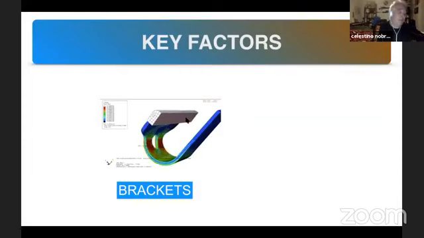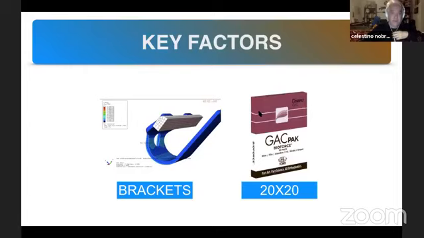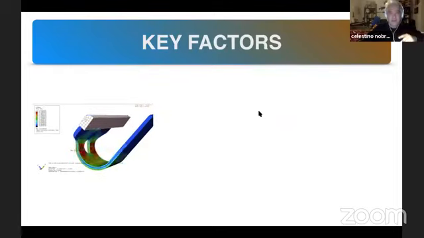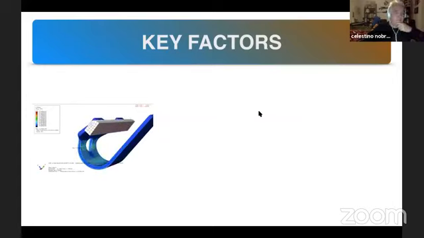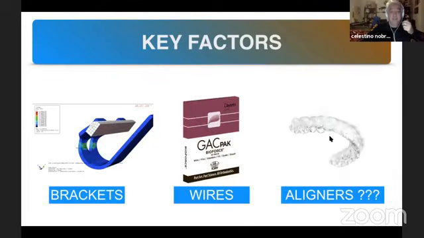Now let me talk about 3D printed brackets. This is my expertise. I know about brackets. I know the key factors for brackets and wires. Now I'm searching for those key factors for aligners. I was talking to Dr. Firdaus before the presentation that I found a way to bring to aligners the same benefits that we have with Bioforce.